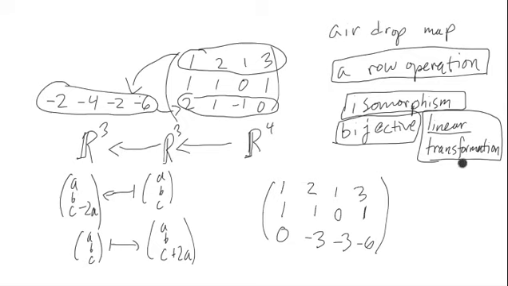It's a linear transformation which preserves structure, and it's invertible. It has a map that goes back and forth, which is a true inverse to this function from R3 to R3. So it's a linear transformation which has an inverse that goes right back the other way.